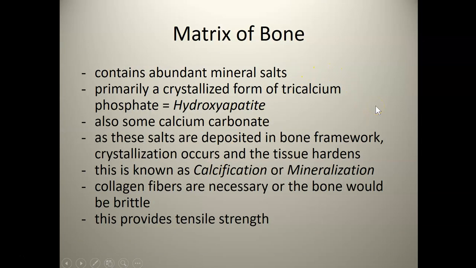What is bone? Well, bone is actually a matrix of mineral salts, basically a crystallized form of tricalcium phosphate called hydroxyapatite. Now, you know it is calcium, you know the disease state, osteoporosis, it's a loss of calcium, but basically the one that's involved in osteoporosis is not the hydroxyapatite, it is the calcium carbonate.